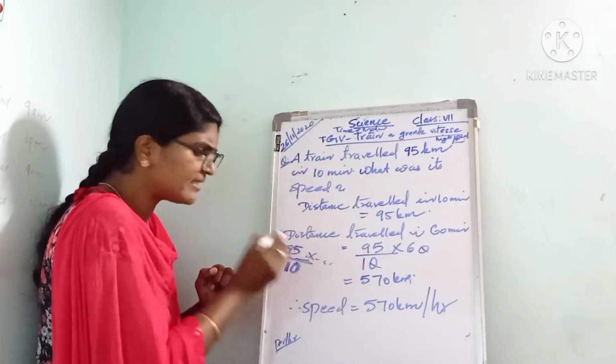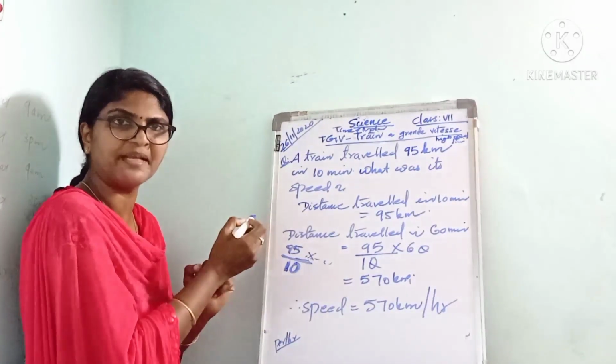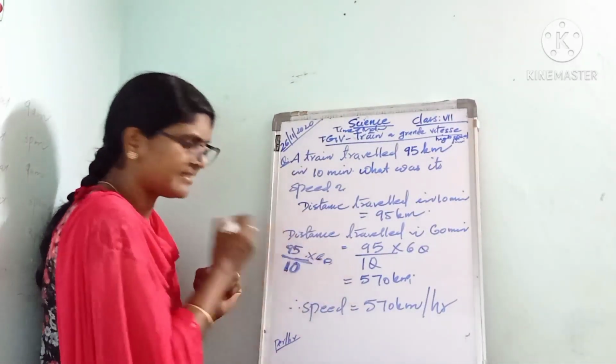Then what is the distance traveled by the train in 60 minutes? So we have to multiply by 60.